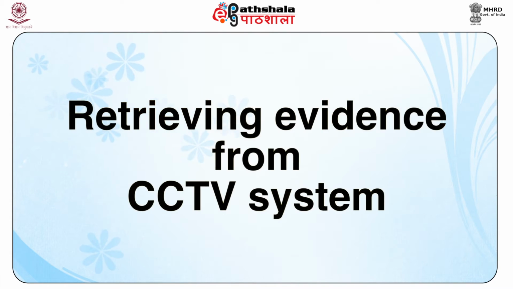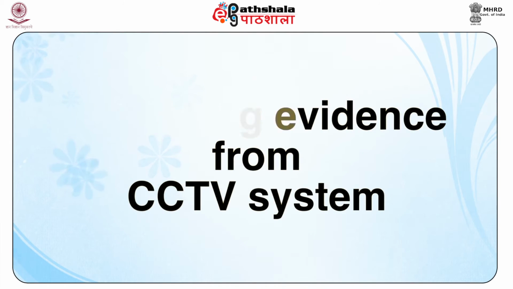Now, how do we retrieve evidence from a CCTV system? There are certain guidelines for retrieving digital CCTV evidence. A documented chain of custody must be maintained for all digital CCTV evidence.